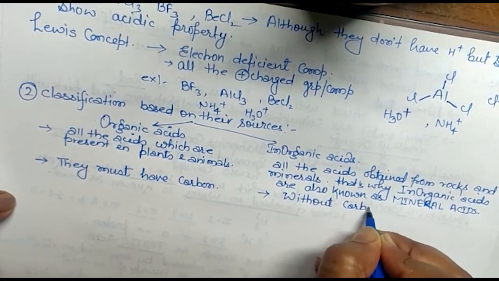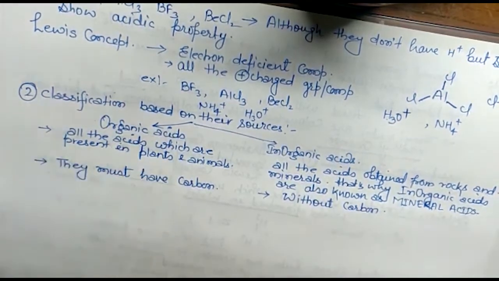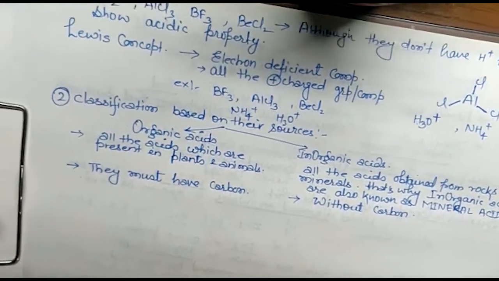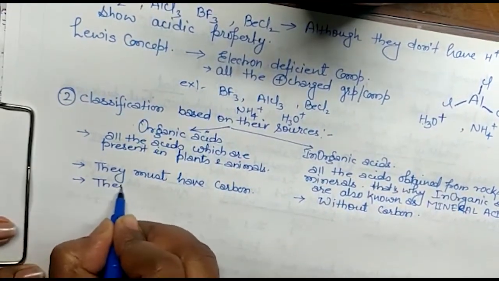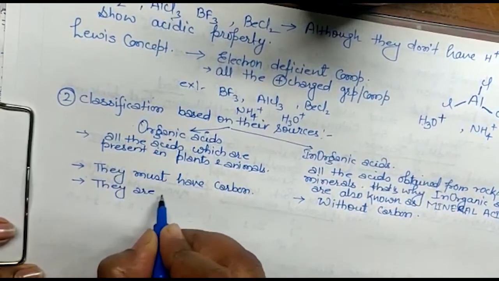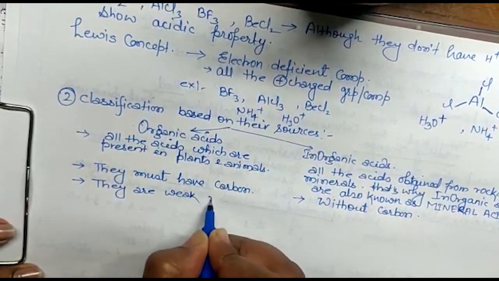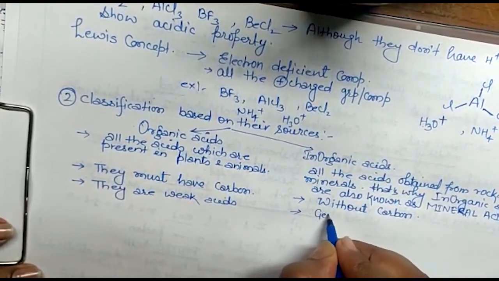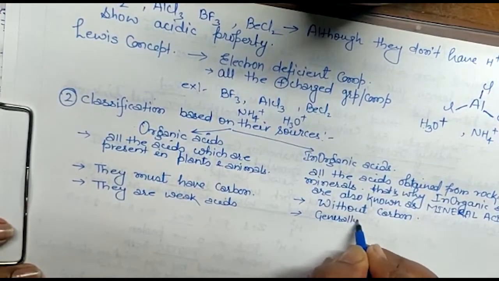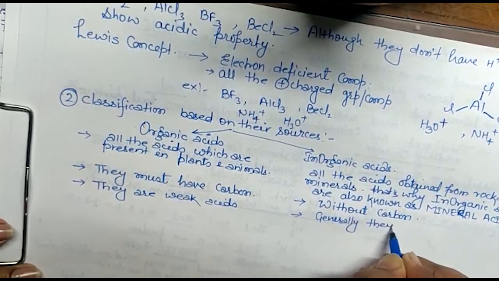Got it? And since they are present in plants and animals, they should not be strong. Okay, so actually they are weak acids, while these are strong acids. Generally they are strong acids.